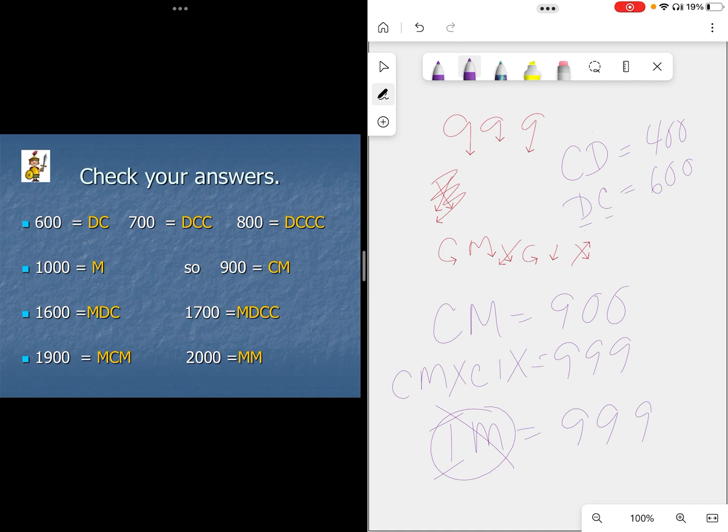All right. MDC is 1600, and MCD would be 1400. MDCC is 1700, MCM is 1900, MM is 2000.